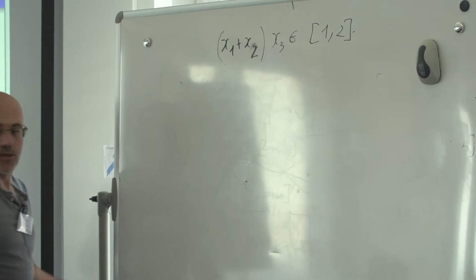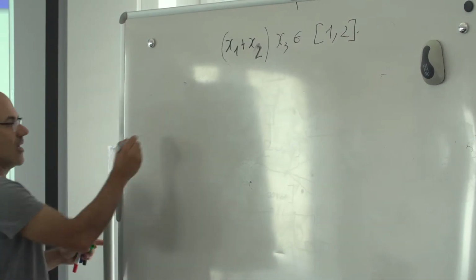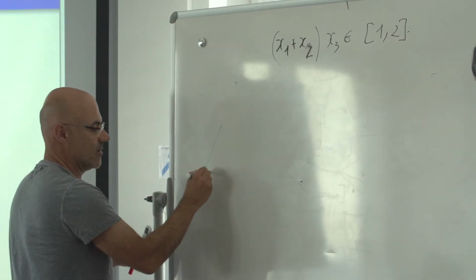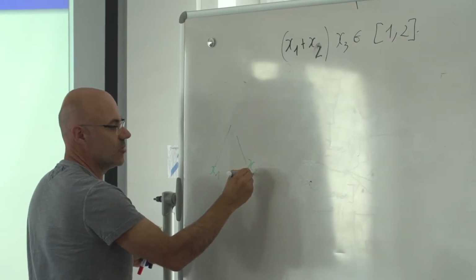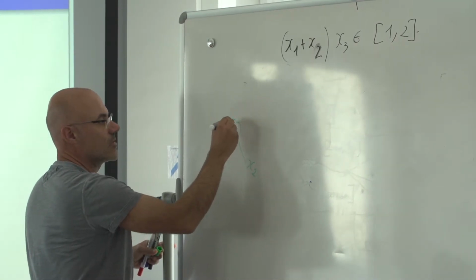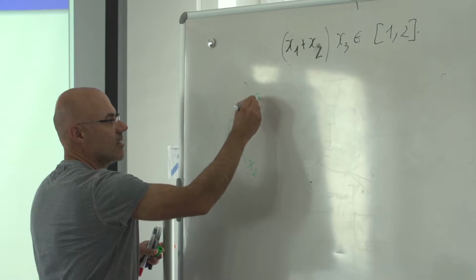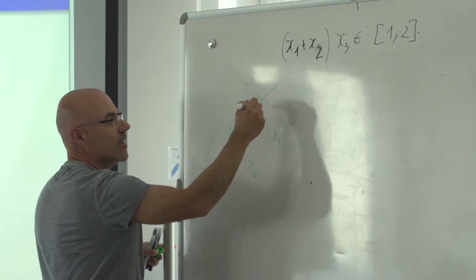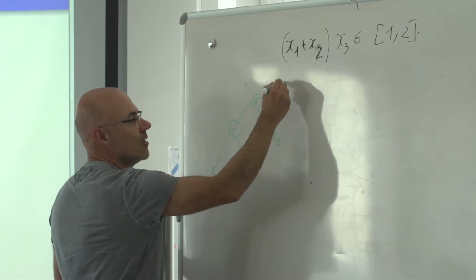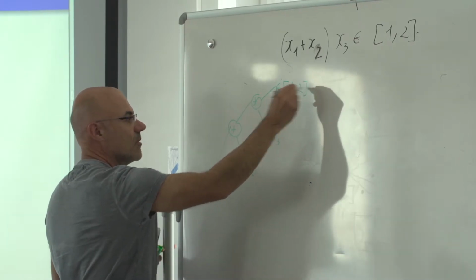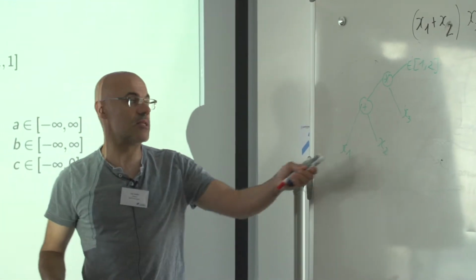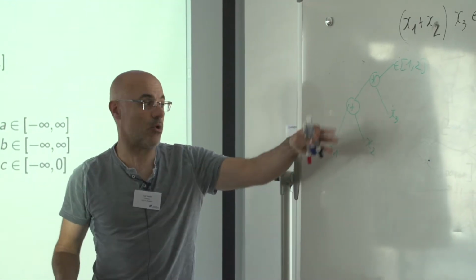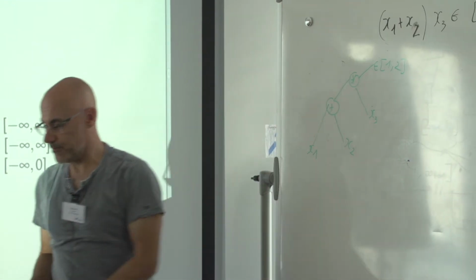I will build some kind of syntax tree. I will have x1, x2, plus, times x3, and here I will have belongs to [1, 2]. This syntax tree corresponds to the constraint.